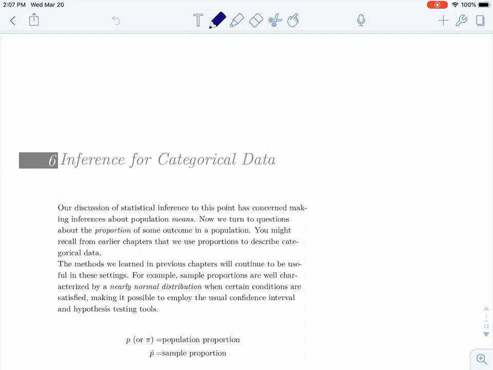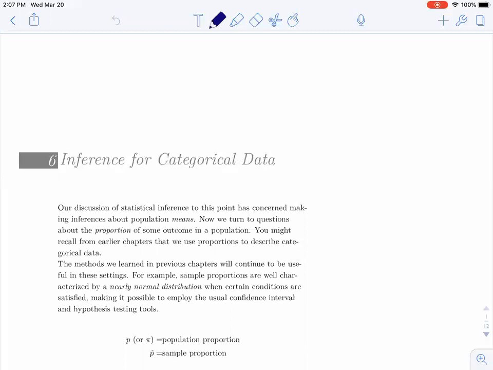There's really only 2 more question types that we have to learn how to deal with. In chapter 5, we were dealing with means questions, right? 1 sample mean, 2 samples but paired, so matched pairs, or 2 independent samples that we want to compare the means of, right? So all those relate to the mean.